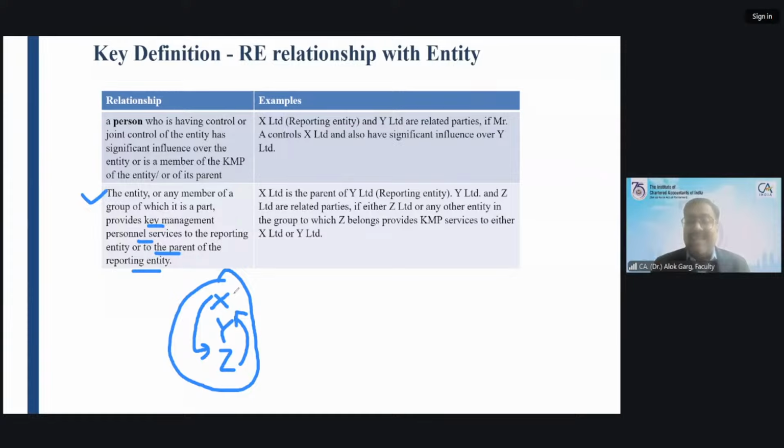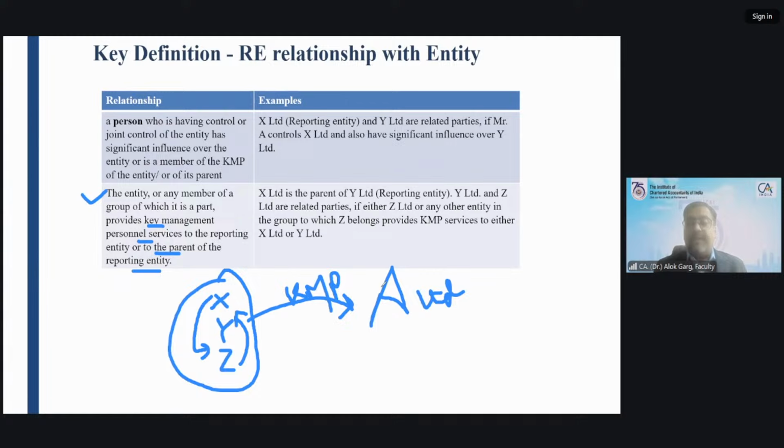So this entity X or any member of the group of which this entity is a part provides a KMP service, virtual CFO service, to the reporting entity. Let's say reporting entity is A Limited. It provides the KMP service to the reporting entity or to the parent of the reporting entity.